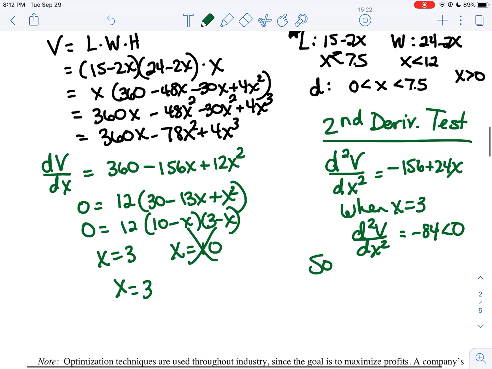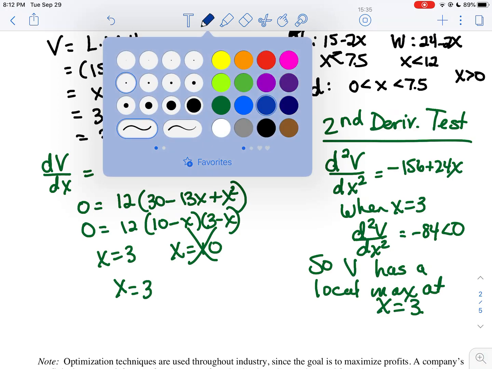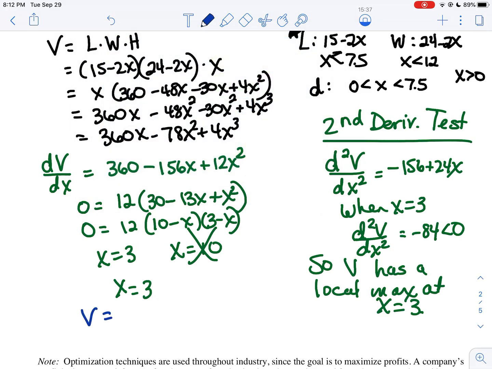So V has a local max at x equals 3. So then let's find the volume. All you're going to do is plug in 3 for x in our volume function.